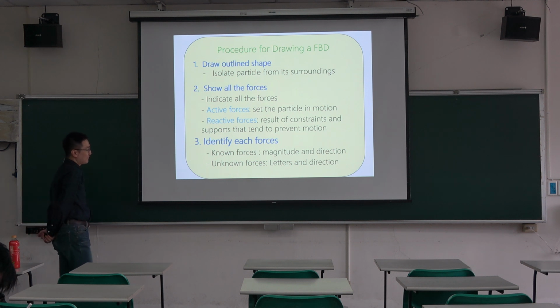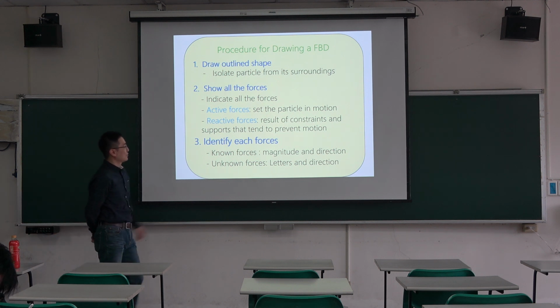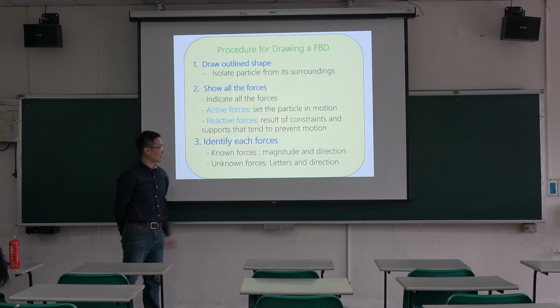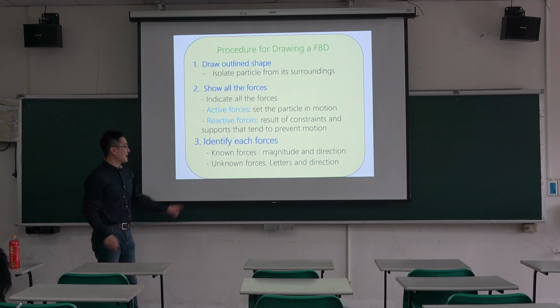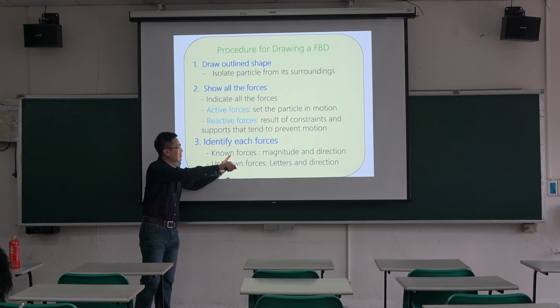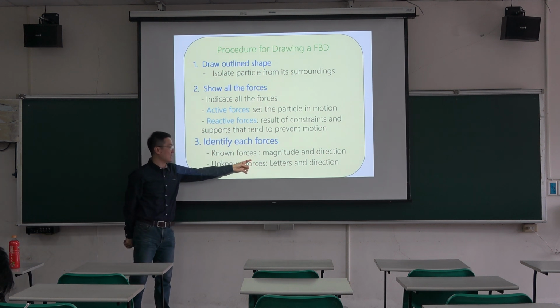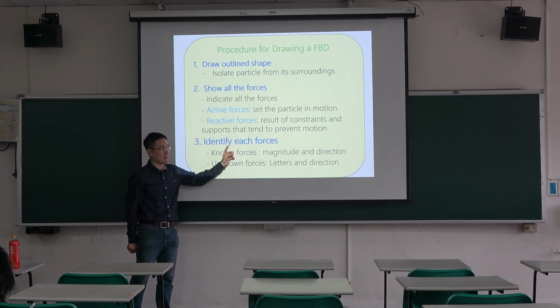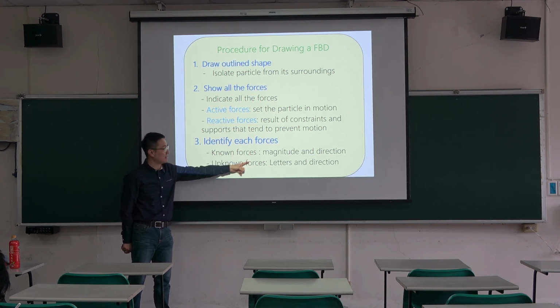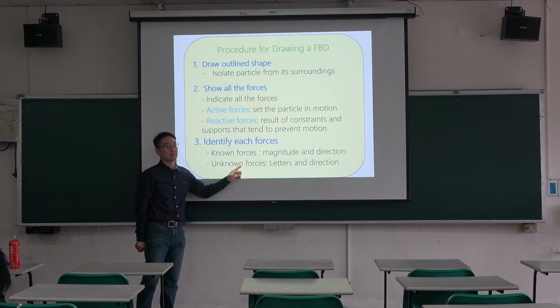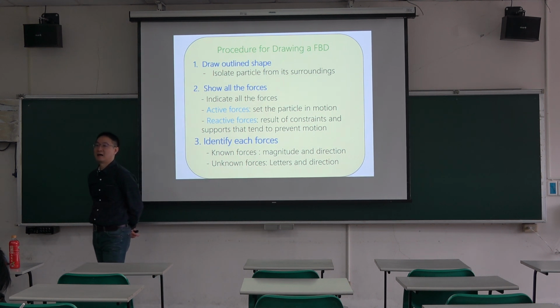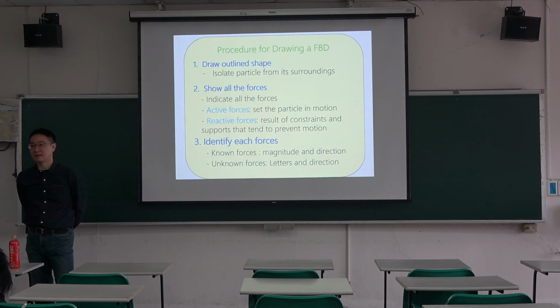Reactive force we can consider as a constraint or support that tends to prevent motion. Then the final part is we should identify each force, which means we should include direction and magnitude. If direction and magnitude are known, we show them. But if they are unknown, we should use a letter for the magnitude or direction.